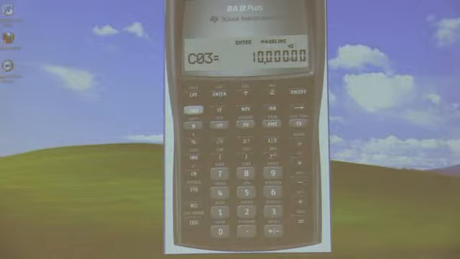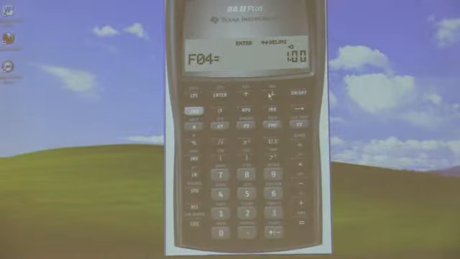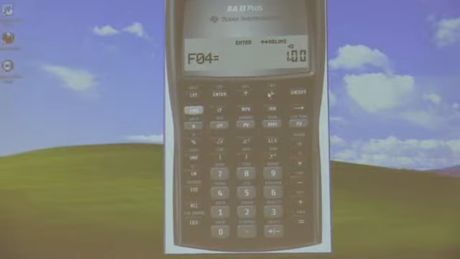Push enter, push the down arrow. The frequency is still 1, right? It just occurred once. Then push the down arrow and record the last cash flow, $8,000. Push enter, push the down arrow, and make sure this only occurred once. So here we have finished all the cash flow information.